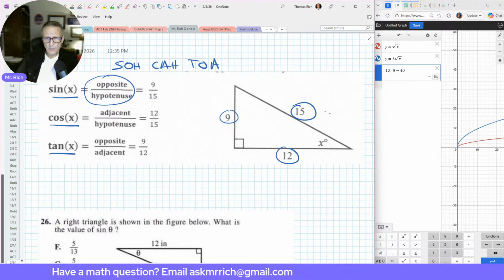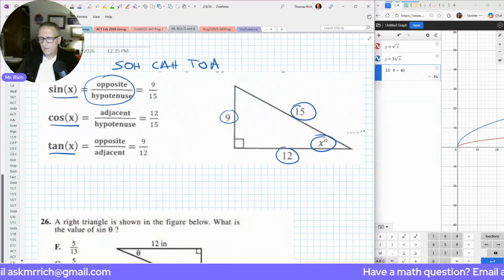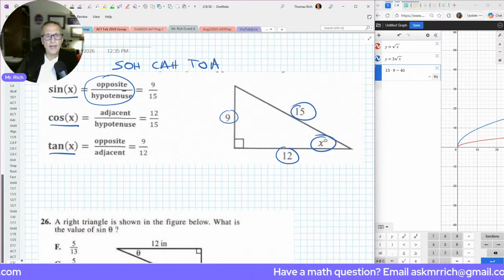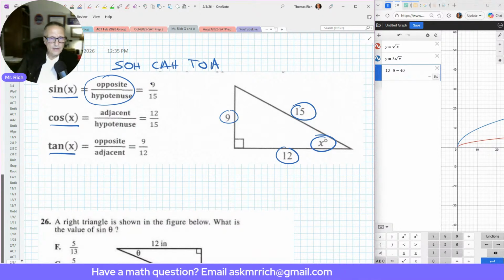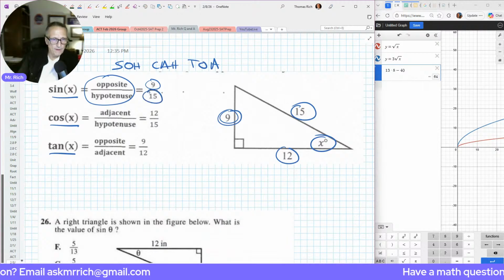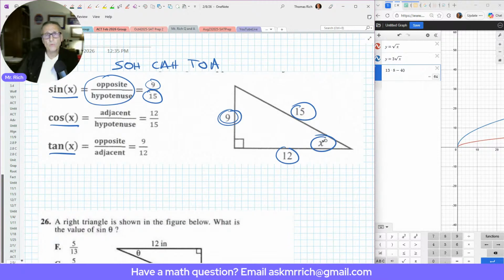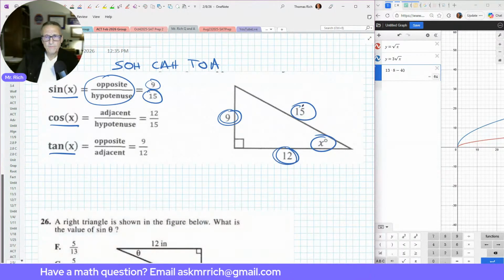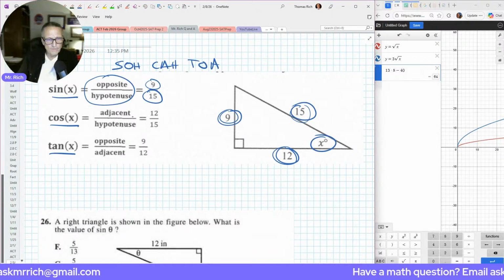If this particular angle is x degrees, then the sine of that angle would be the opposite side length 9 divided by the hypotenuse length 15. Cosine of that same angle would be the adjacent side 12 divided by the hypotenuse 15. And tangent is opposite over adjacent, 9 over 12.